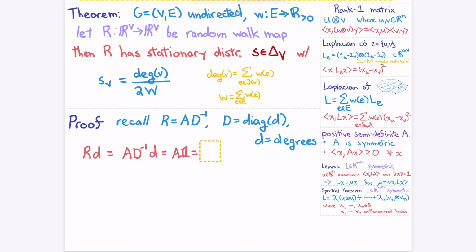The diagonal matrix inverts things, so we have 1 over the degrees along the diagonal. Then the degrees will cancel out with the reciprocals, and you're left with the all ones vector.